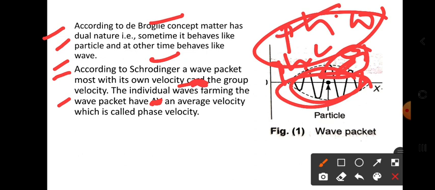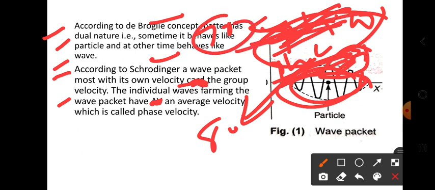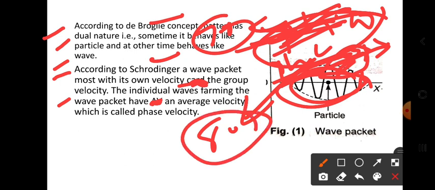Its phase is one. It may contain one type of phase difference, and another wave may contain another phase difference. For this it is constant, and for this it is constant. Why? Because while traveling, this wave's phase may not change, and this wave's phase also may not change. Let one be 70 degrees and the other 80 degrees. While this wave travels it continues with the same phase, and while this wave travels it continues with its same phase.